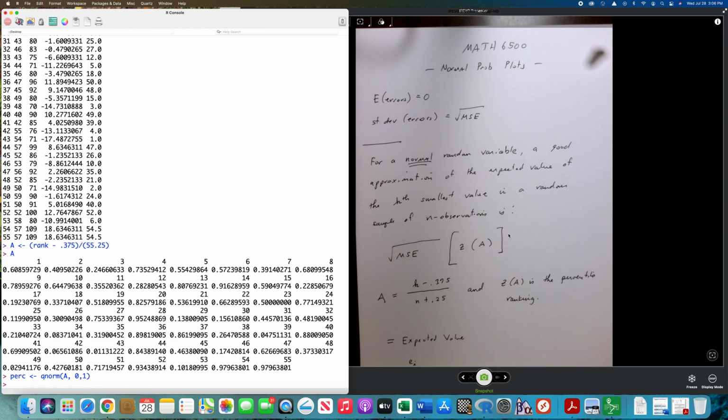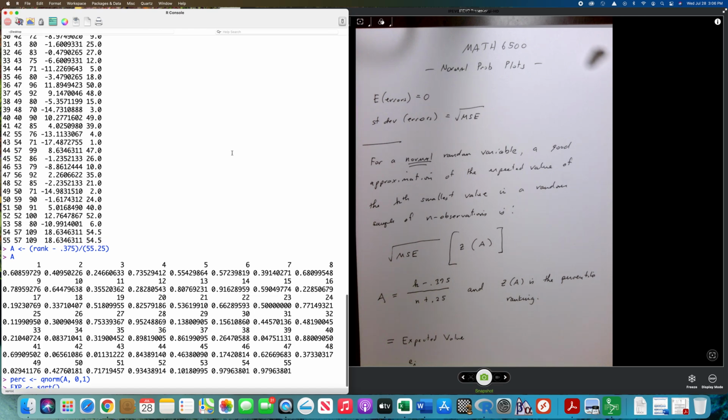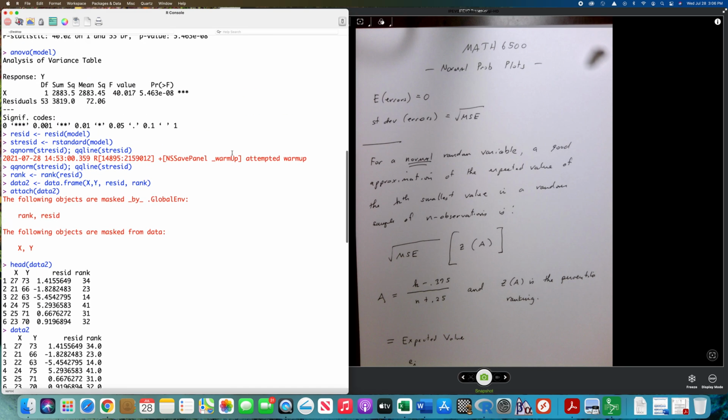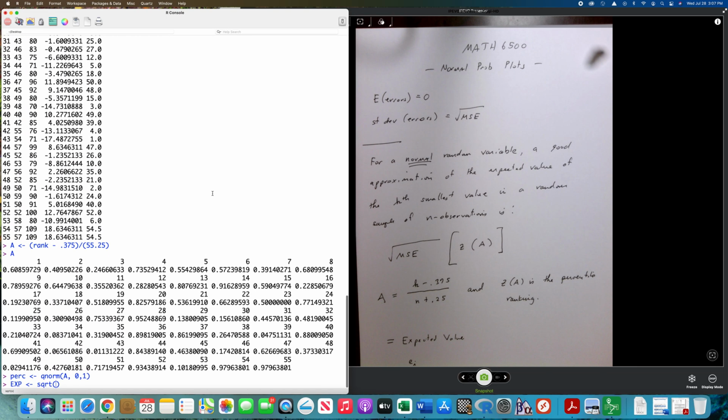Then let's call it the expected value: I can take the square root of the mean square error, which we found up here, 72.06, times the percentile, right? Yes.